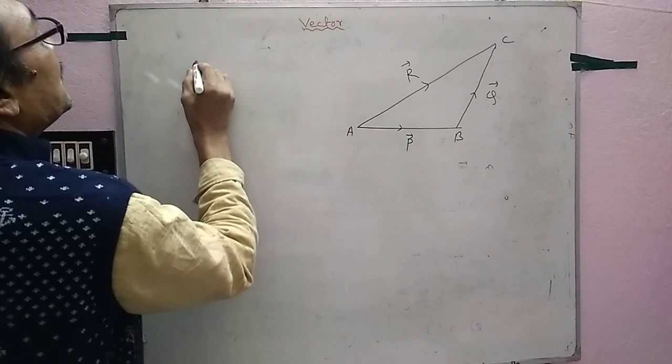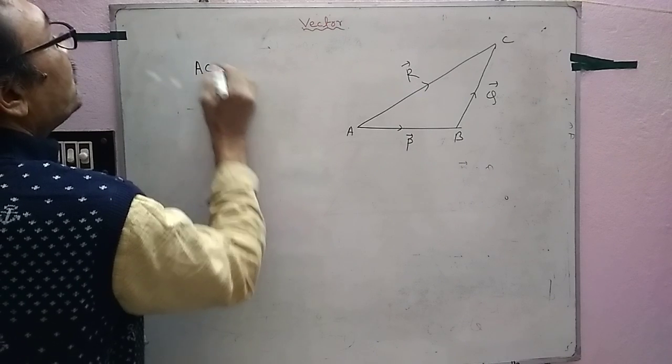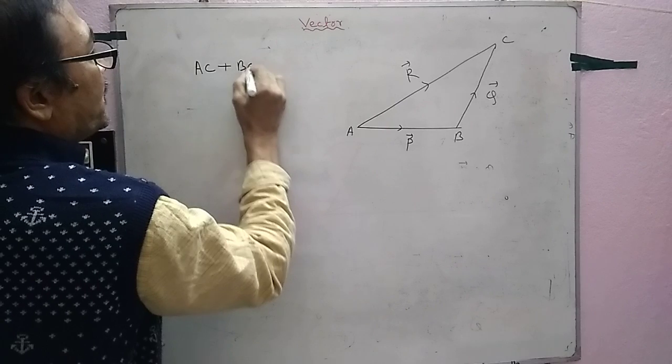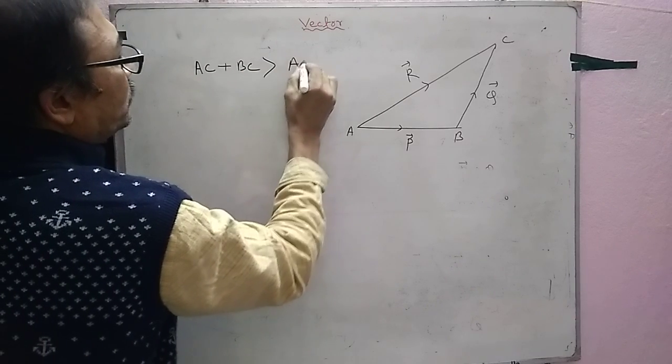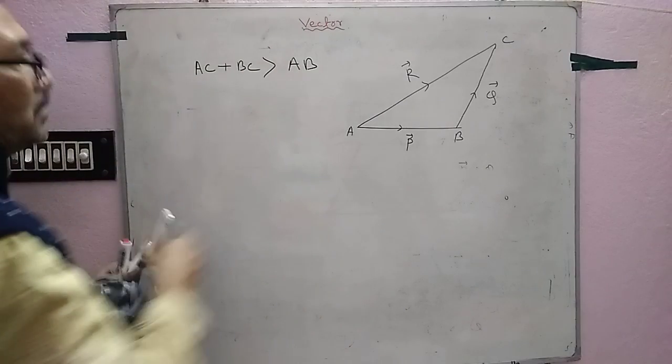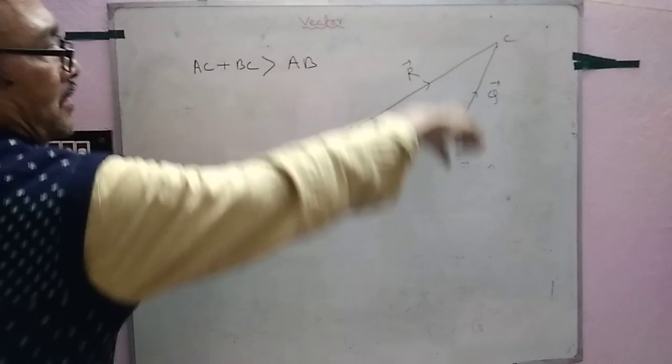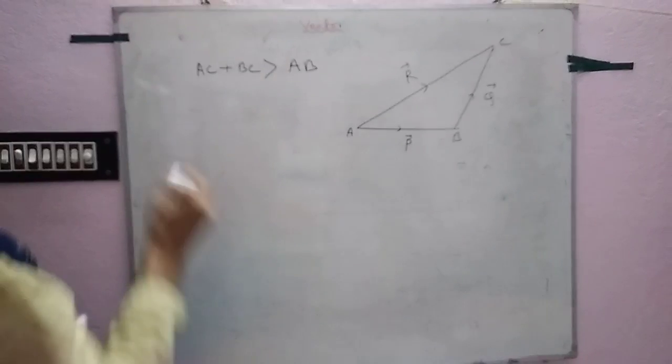Follow. AC plus BC is greater than AB. The sum of the two sides is greater than the third side, AC plus BC is greater than AB.